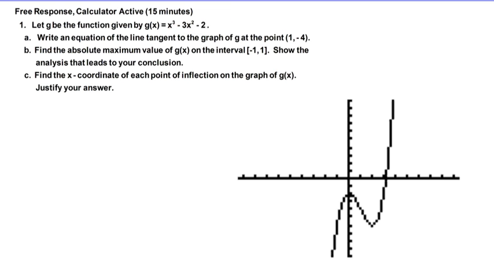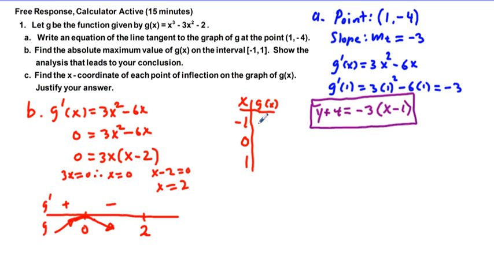So going to our candidate test, we have -6, -2, and -4. So this one is right here, our absolute max equals -2.